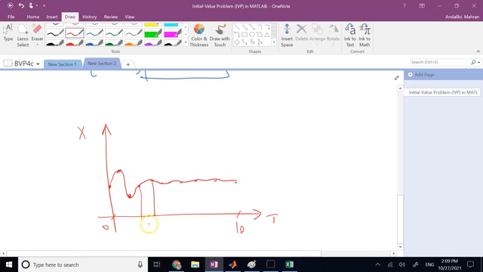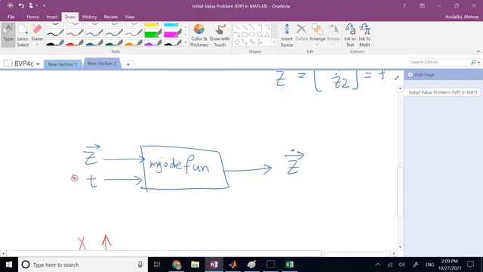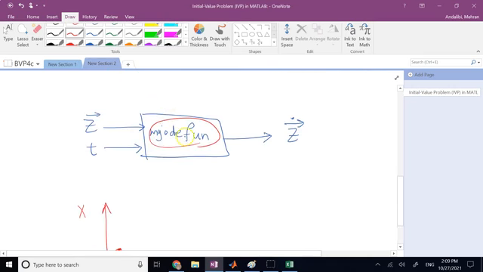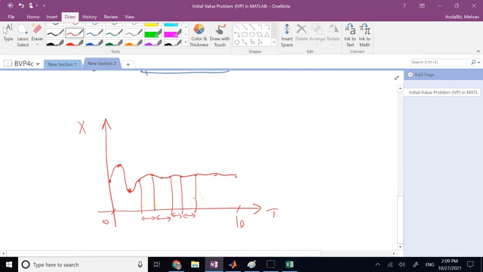And typically they are not equally distanced. They are not what we call fixed step size. These step sizes are different, so we call them variable step size. Okay? Because if the right-hand side function, this guy, is fast changing, it tries to use smaller step size. If it's slow changing, it uses bigger step sizes to accelerate your solution.